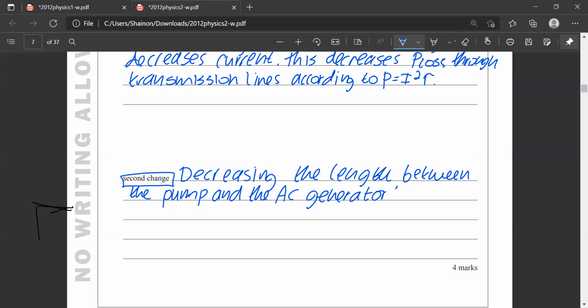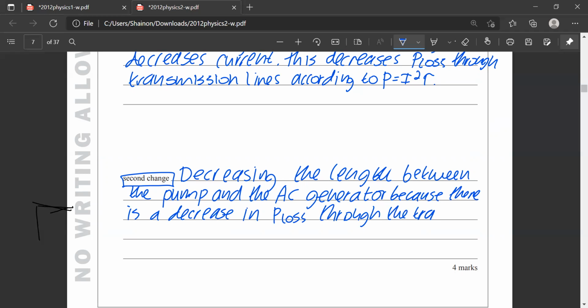You could say why, because of P loss. You could also talk about transformers, like using transformers, step up and step down.